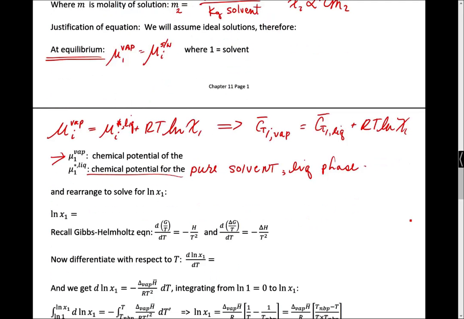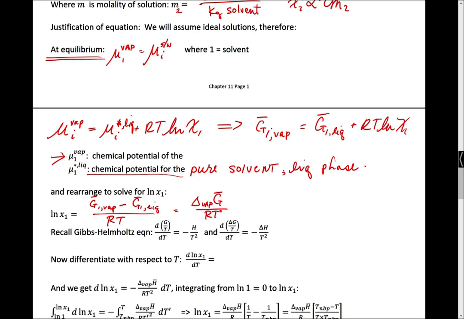All right, so we're going to rearrange that. I'm going to write this out explicitly. G component 1 vapor minus G component 1 liquid over RT, and that in turn is equal to delta G of vaporization over RT.